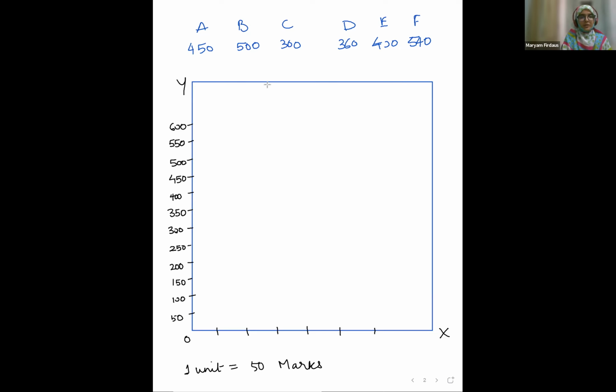Let me know when you're done with yours. I was finished. Are you done making the graph and the markings on the X and the Y axis? I'm gonna write it like this, A, B. Are you done writing A, B, C and so on? No, I'm writing it right now. Okay, do that.